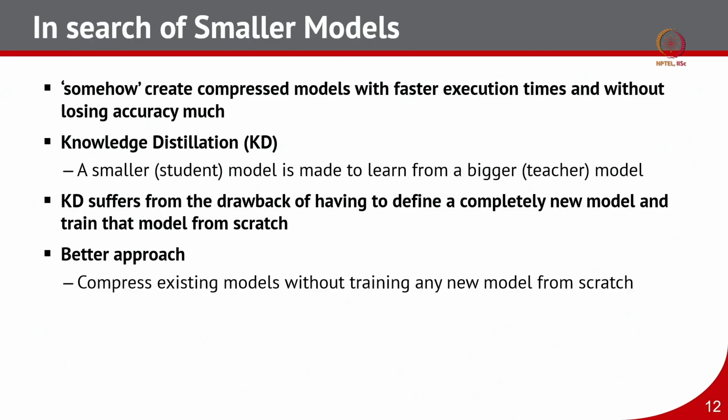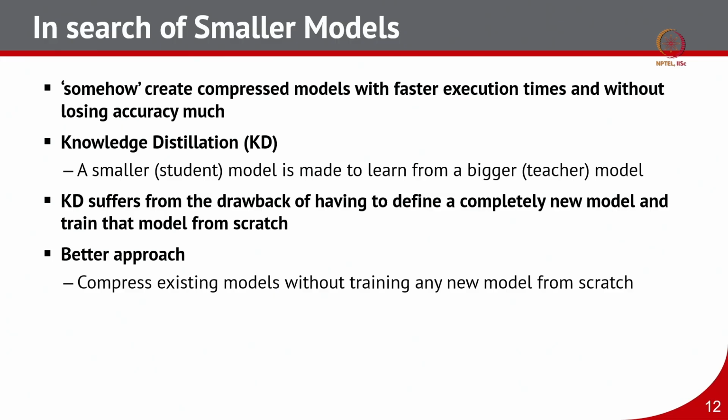Many a time we might not have access to the data set, or we might not have enough computational power to train even a small student model from scratch. So that's why knowledge distillation is not so popular a technique when it comes to model compression.